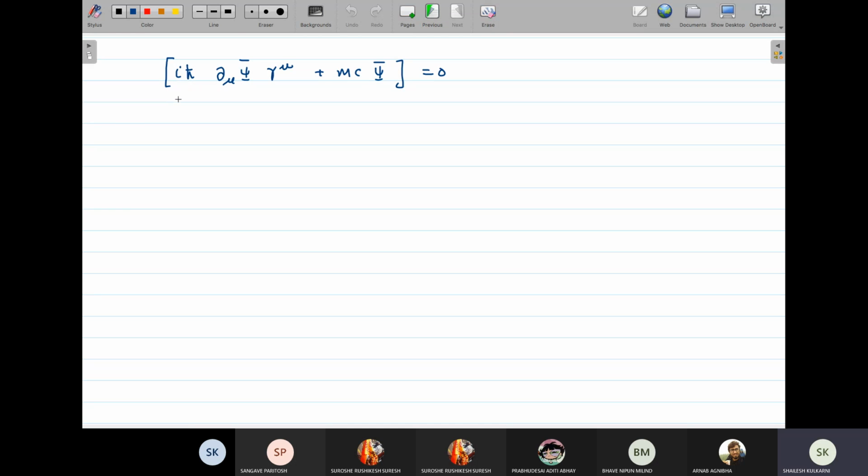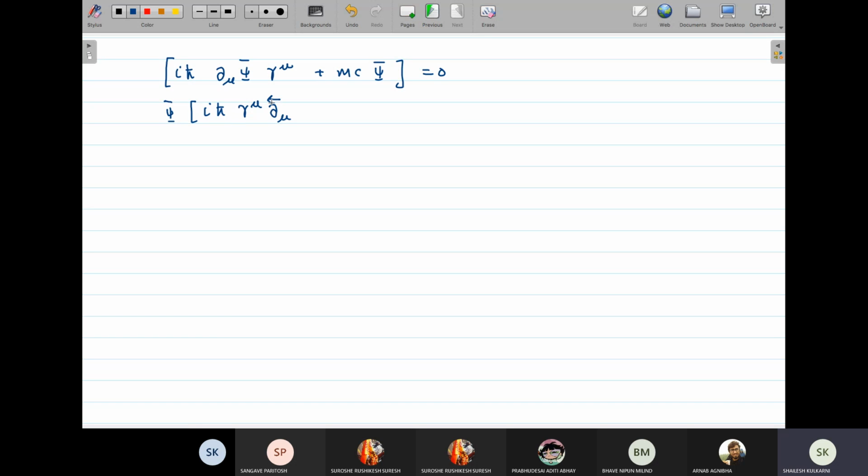This I can write in the following way, in a slightly more convenient form. I will write ψ̄ first, then the derivatives, but they will act from the left now.